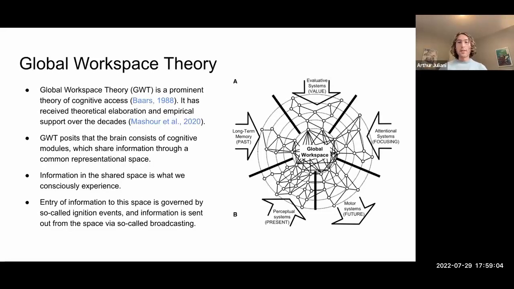The content of the information that enters into the global workspace is thought to be what is consciously accessible and reportable by humans, and entry and exit of the information to and from this global workspace is thought to be governed by these so-called ignition and broadcasting events, whereby if some activation passes a certain threshold, then it's able to enter into the workspace and then also be broadcast to other modules.